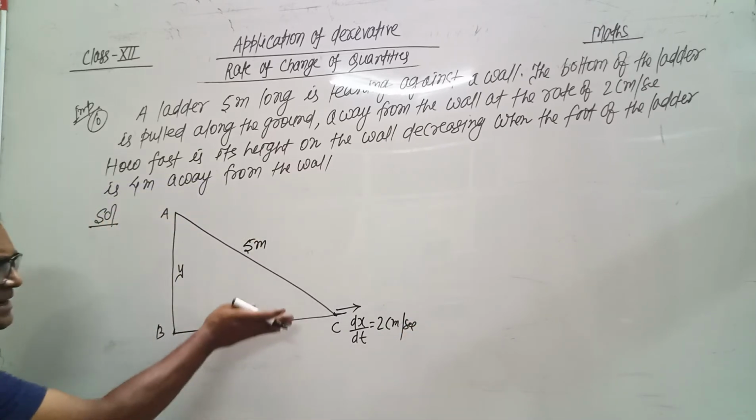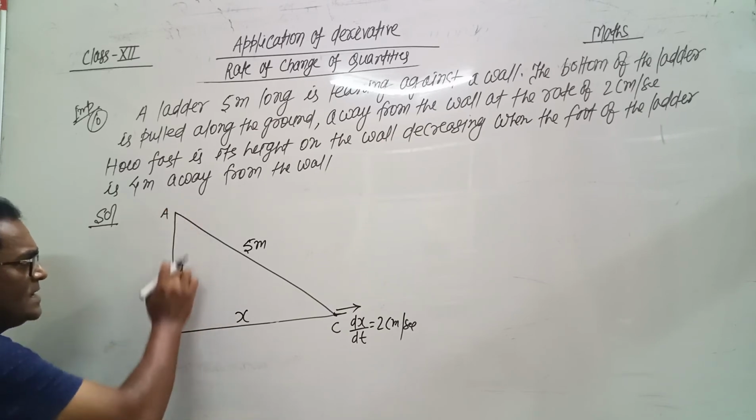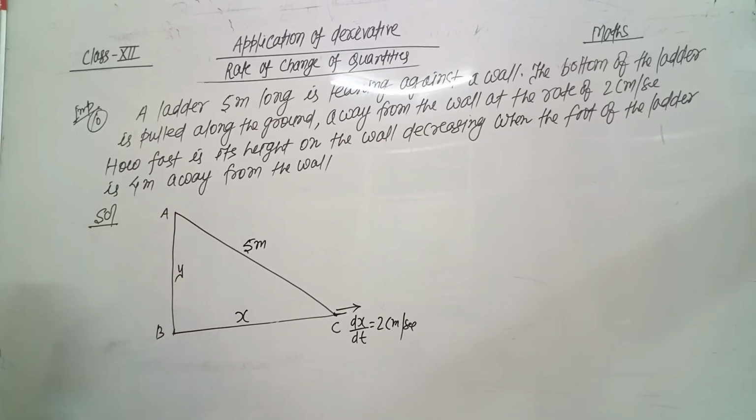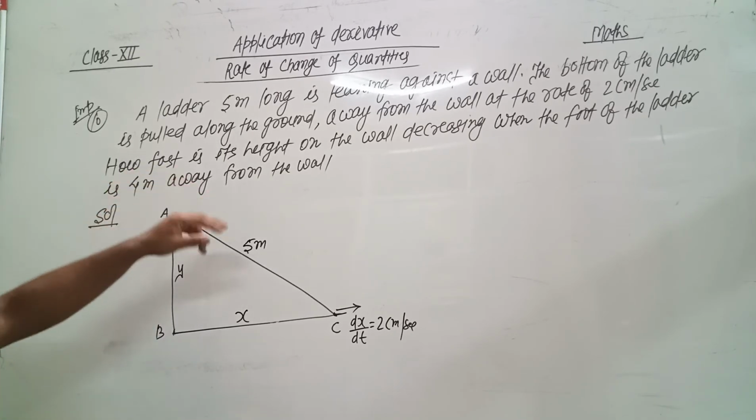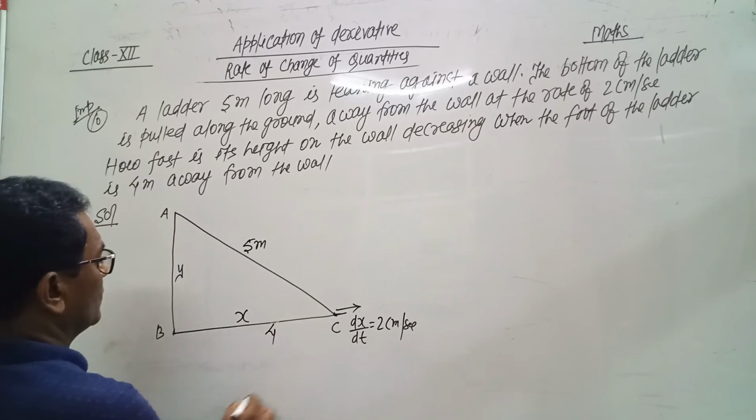So when the ladder is pulled along the ground, the height of the ladder on the wall goes on decreasing. So how fast is the height on the wall decreasing when the foot of the ladder is 4 meter away from the wall?